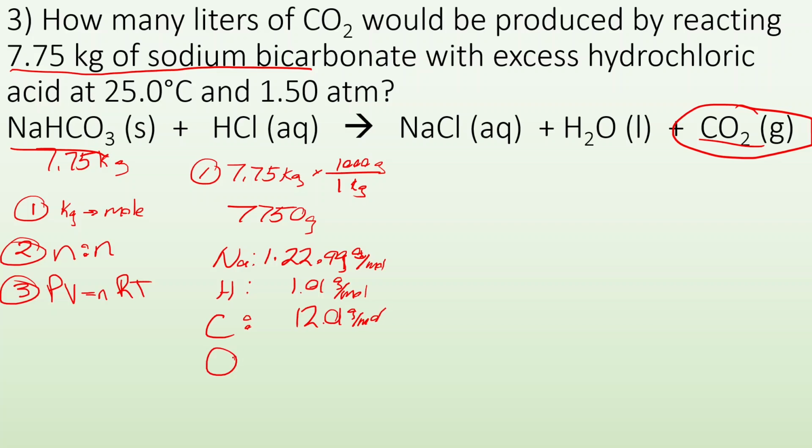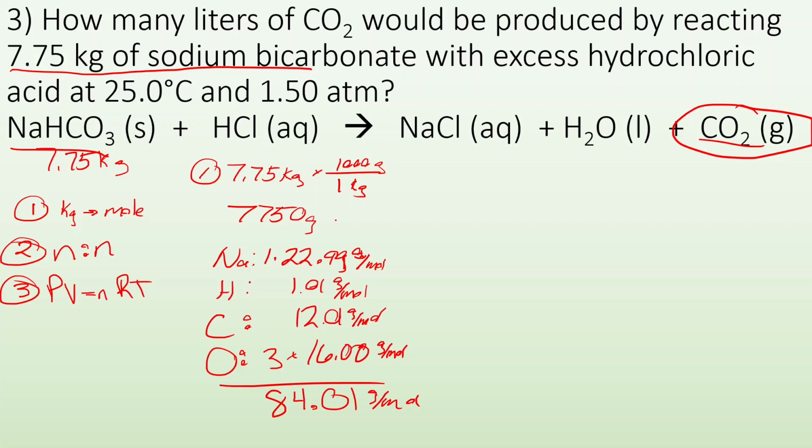And oxygen, there's 3 of them at 16.00 grams per mole. So when I add all that together, I get a gram formula mass for sodium bicarbonate of 84.01 grams per mole.